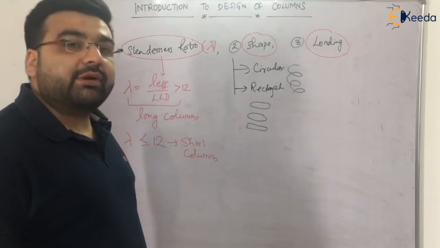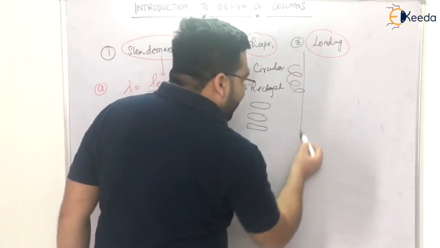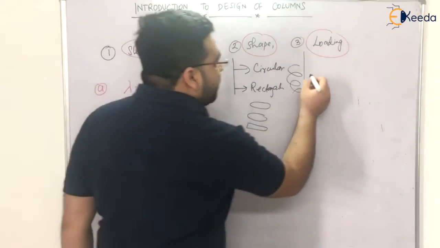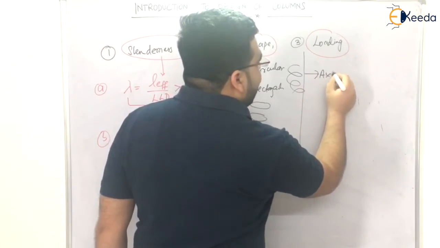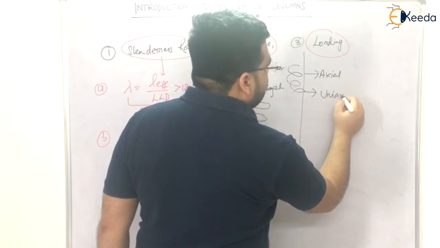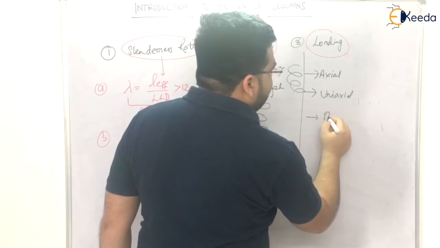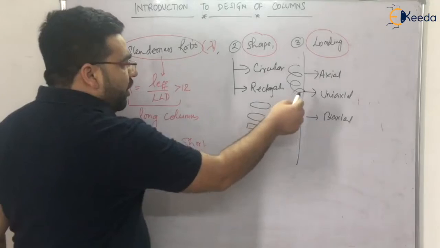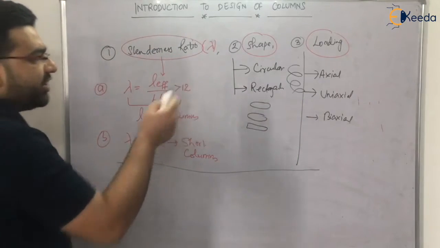The next is the type of loading. On the basis of loading, the columns can be classified into three types. The first one is axial loading columns, the second one is uniaxial, and the third one is biaxial. Let me make you understand what an axial column means.